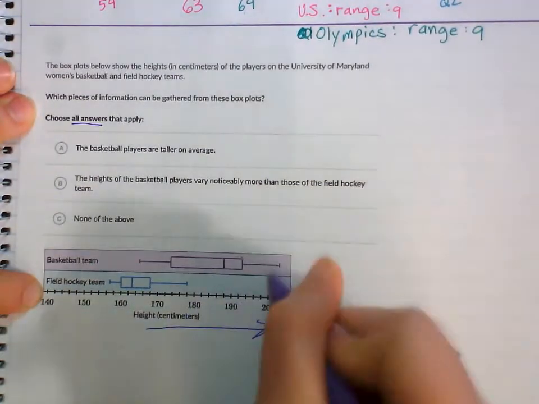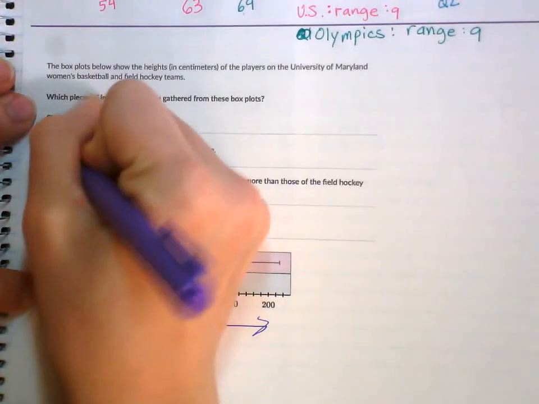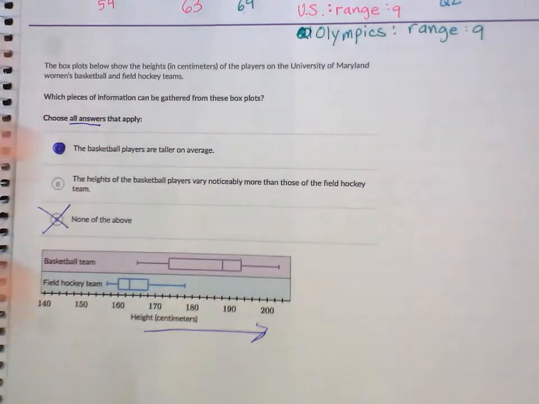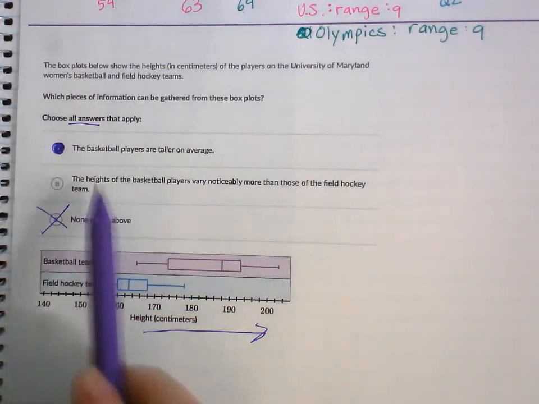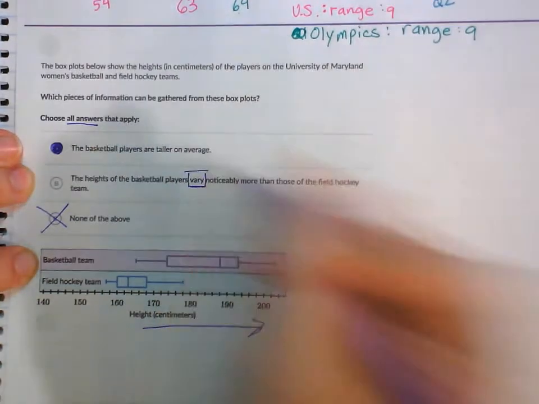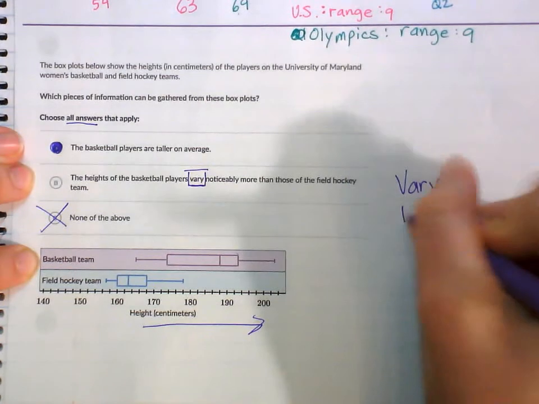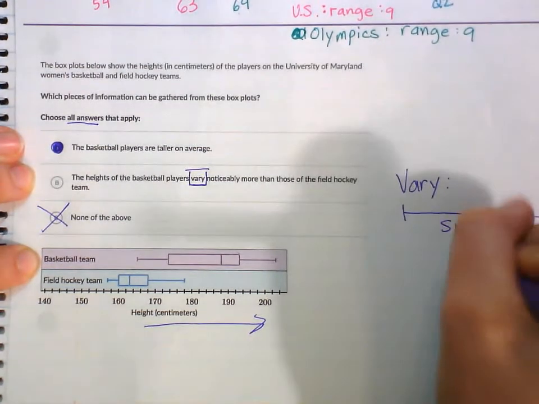So yes, the basketball players are taller because they're above the higher heights. So as soon as we know there's an answer choice, we can get rid of none of the above. B, the heights of the basketball players vary noticeably more. Varied. Remember, vary equals spread or range. Varies means how spread out it is, the spread.